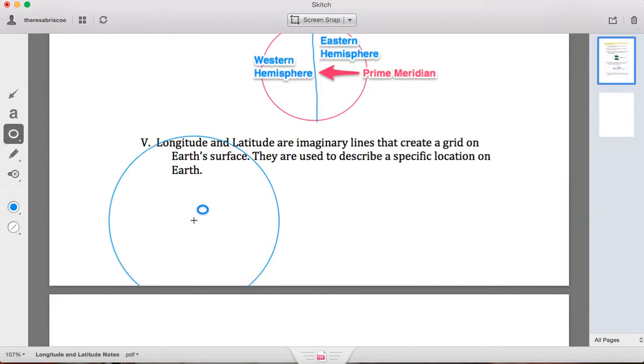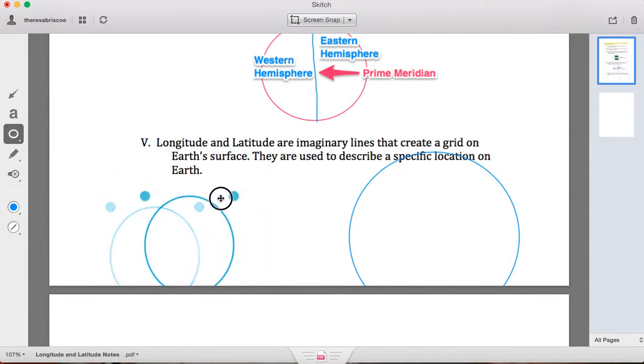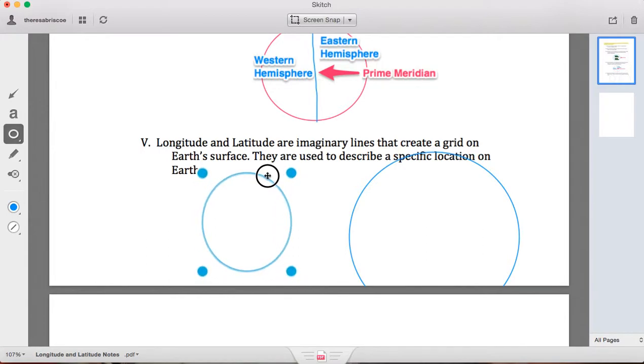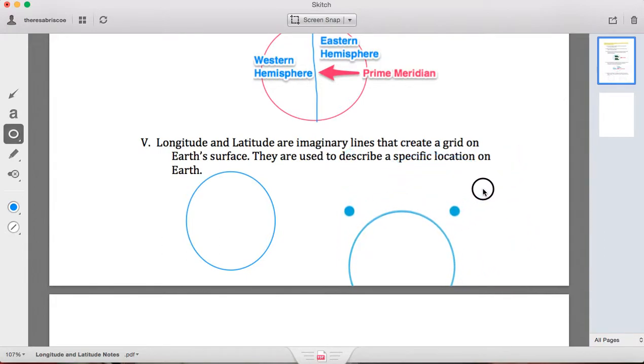So I'm going to put two circles here because we're going to do one that has lines of longitude and one that has lines of latitude.